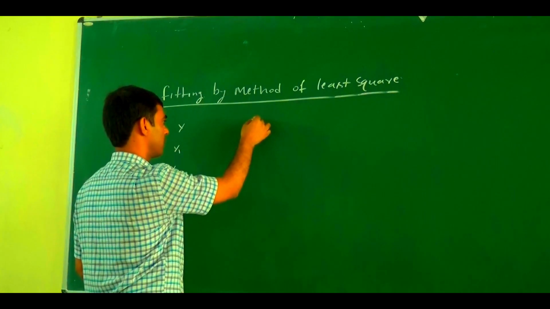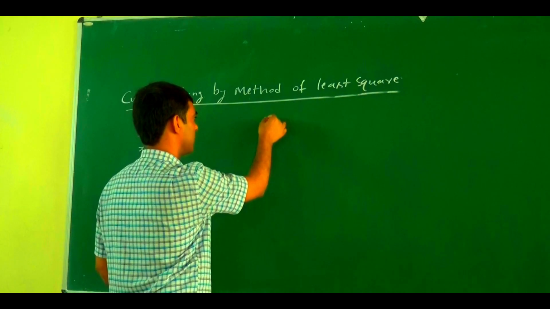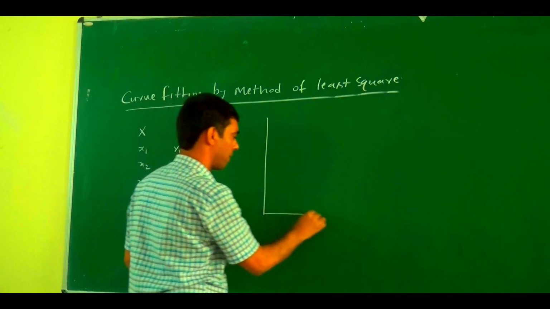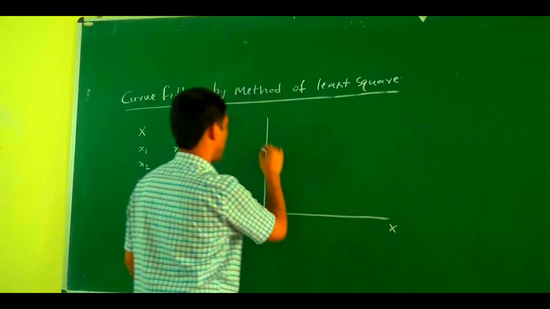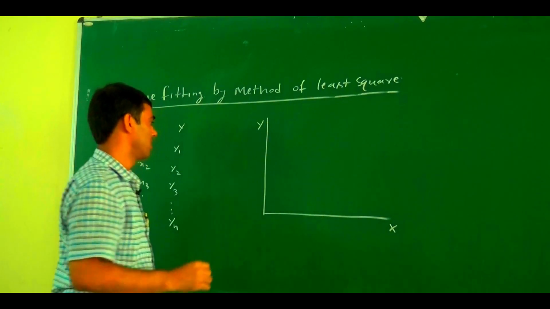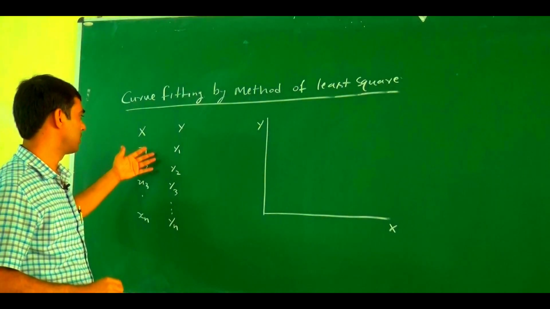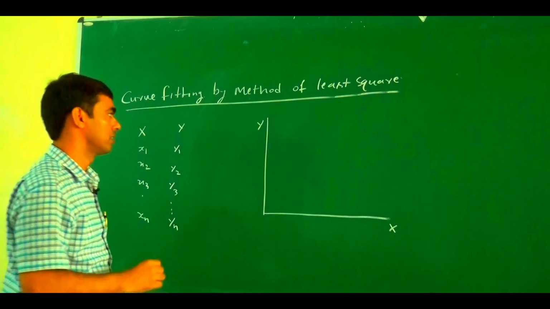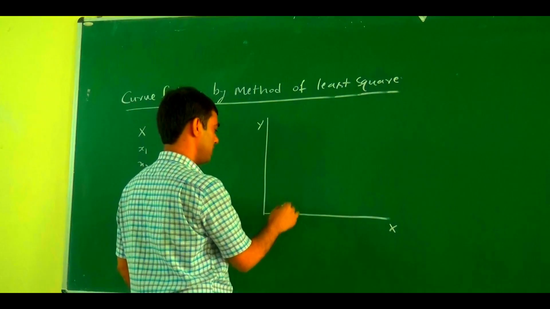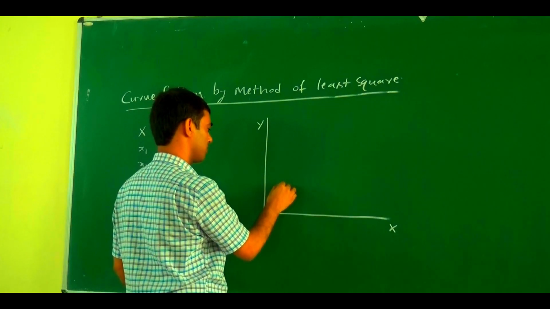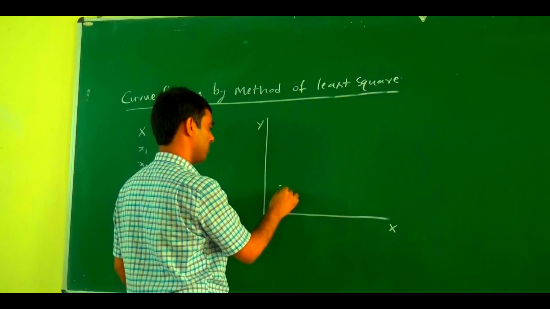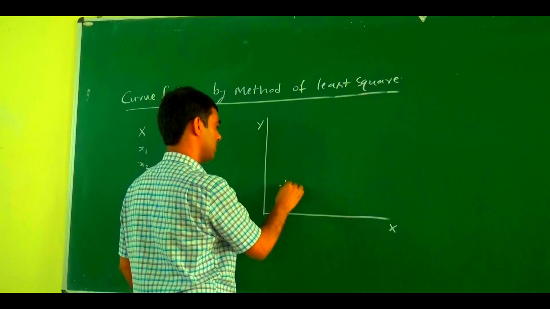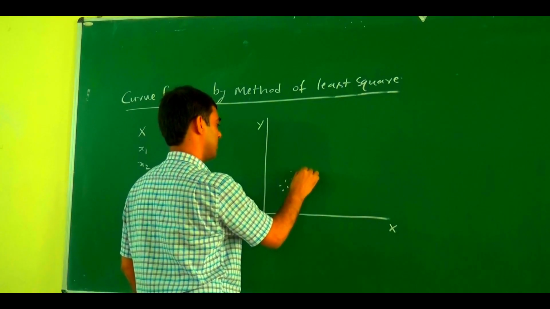Suppose here we draw the graph of these points. These points are, suppose this one is x1, y1, next one is x2, y2, x3, y3. These are the points.